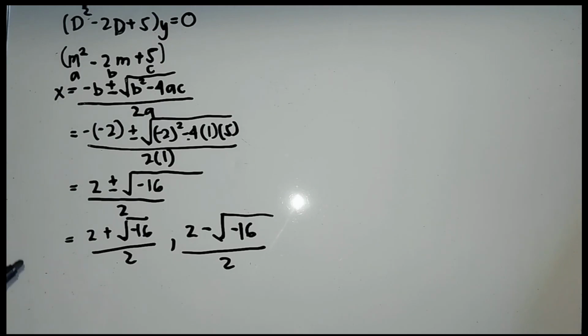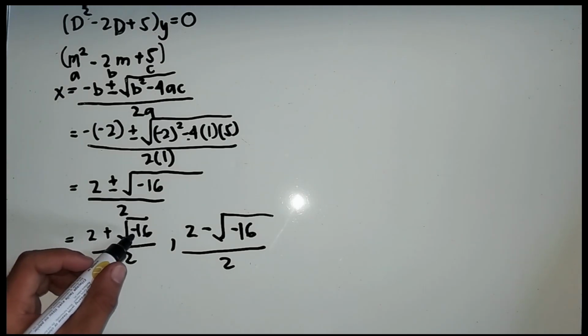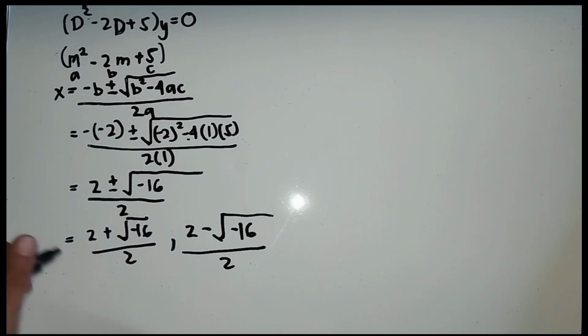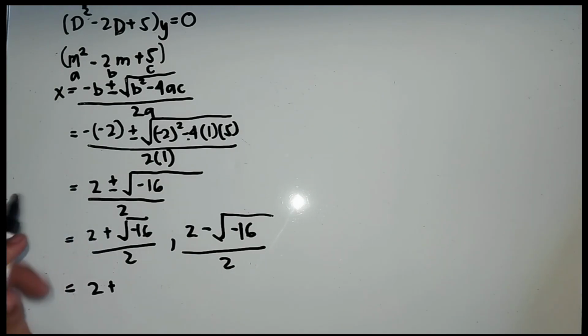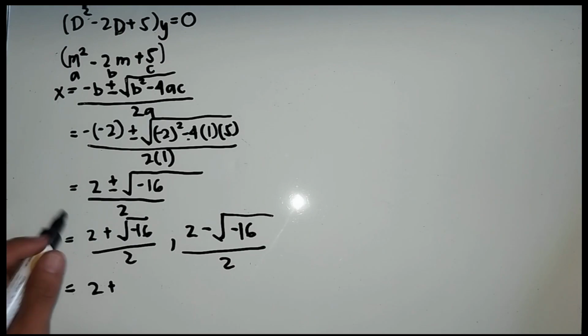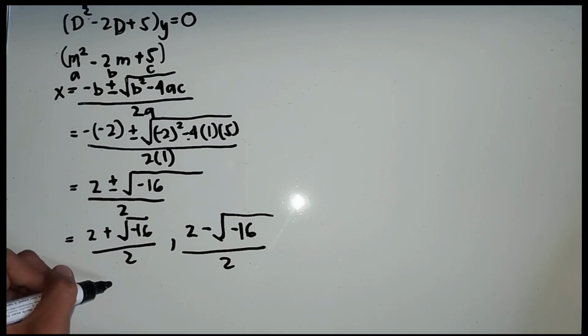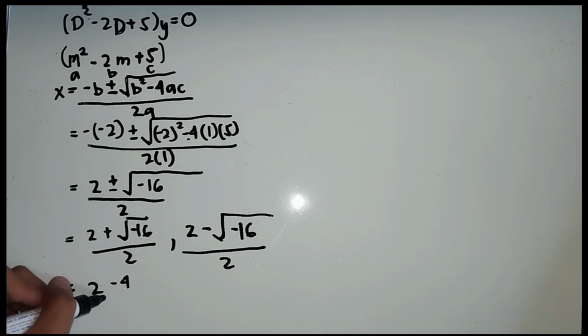Now we're going to take the square root of this 16 here. So we have 2 plus the square root of negative 16, which is 4i, since it is the square root of a negative number, so it is i. Then we're just going to divide it by 2.